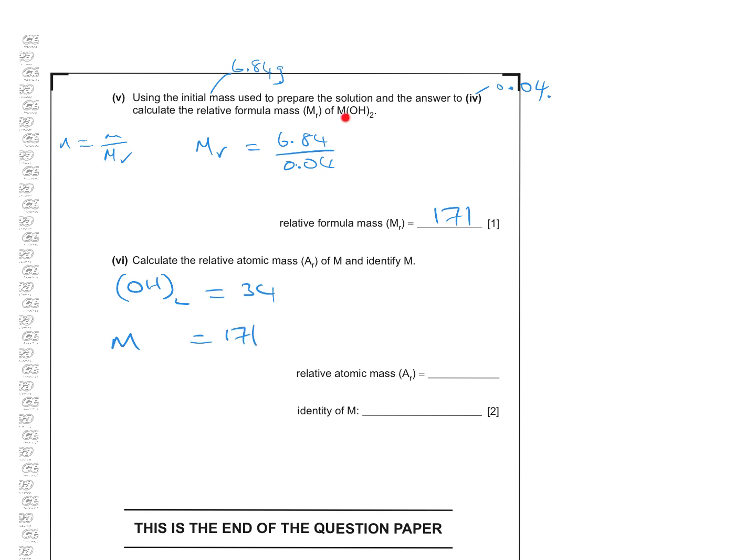Remember, that is the RFM of the whole thing. So 171 minus 34 works out to be 137, and this is the mass. Then use your periodic table, find out which element has a relative atomic mass of 137, and it's barium. Identity, that means you can do the symbol or the name.